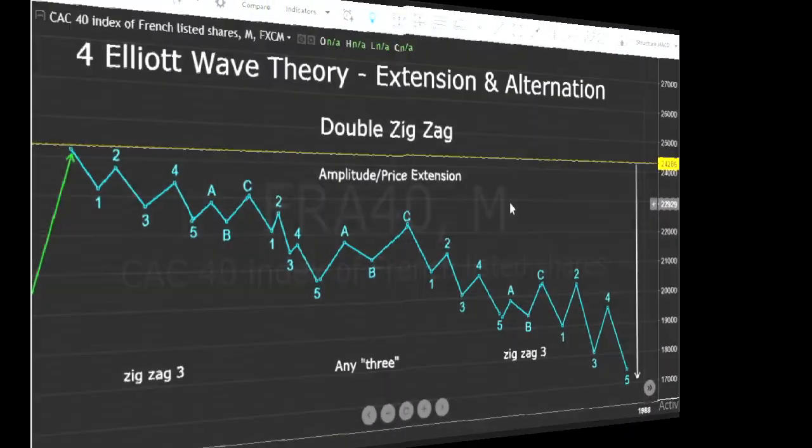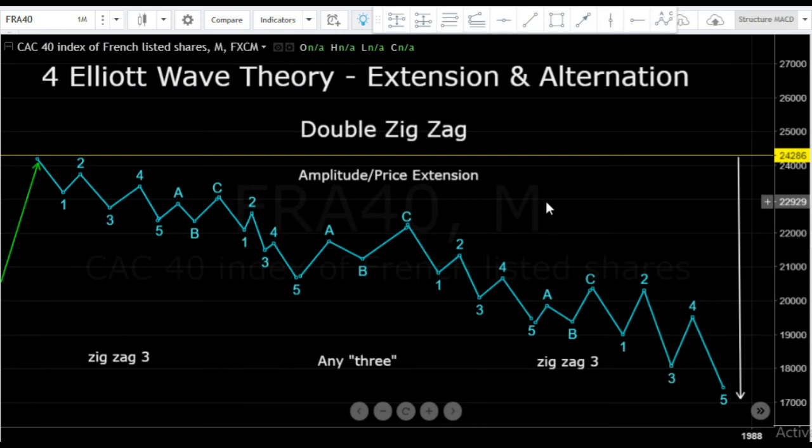In this final slide on extension and alternation, we have a look at our double zigzag. And in this situation, we're not looking at an extension of time alone, we're looking more at an extension of price. As we said earlier, when you see a double zigzag, it often has the form of a diagonal, and that is a diagonal movement, not a diagonal as described by Elliott, but price moves down in a diagonal fashion as opposed to horizontally as we see in a double or triple three.